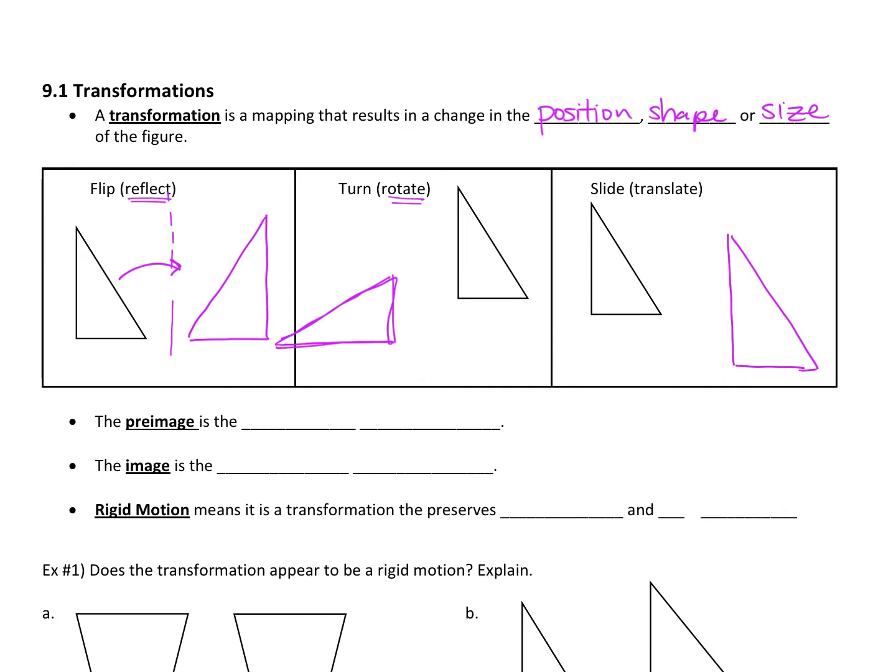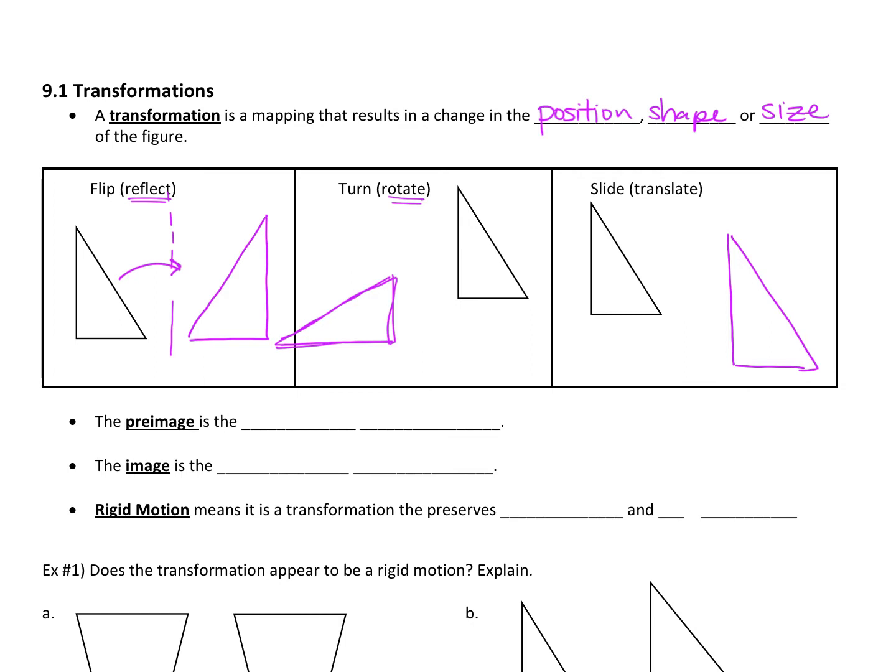Okay, then just a few terms to make sure that you know, because these are really easy to get mixed up when you're setting these up, and we want to make sure we have the right thing. So the pre-image versus the image, okay? What do you suppose the relationship is there? What's the pre-image? Before, right?